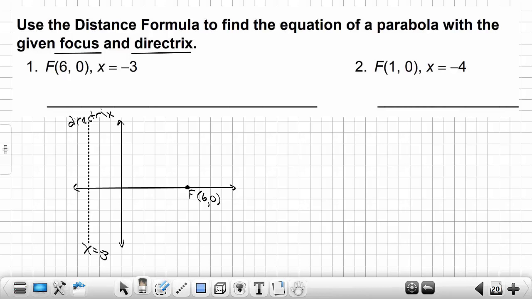Yes. This is a horizontal parabola. So information is immediately given to me. Not only is it horizontal, but I can also tell which way it opens. Does it open right or left? It opens to the right. The focus is always inside the parabola. So I've got a positive horizontal parabola.